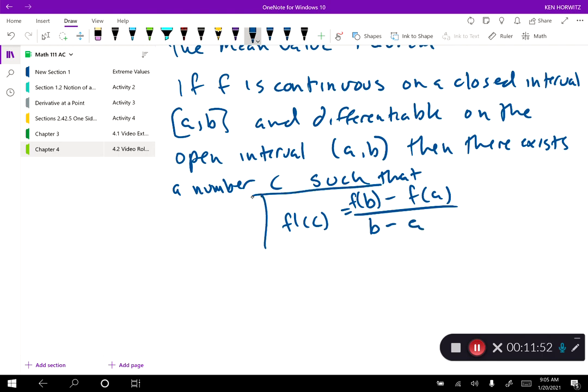All right, so basically it's saying we can find that.